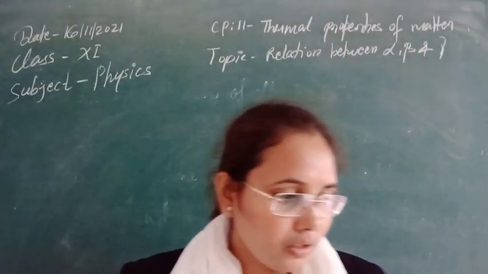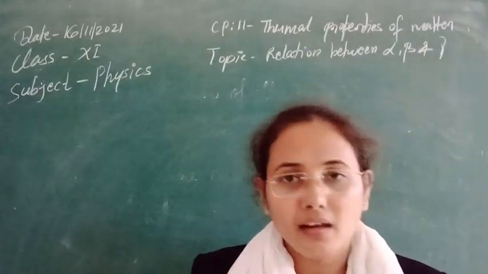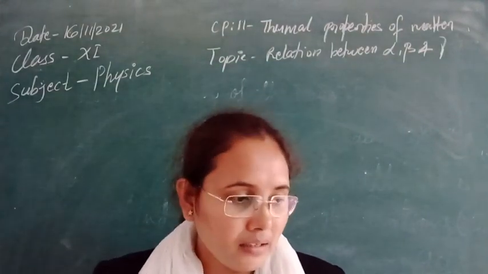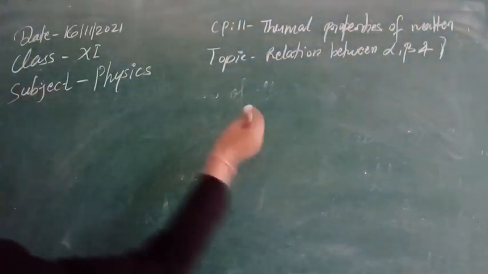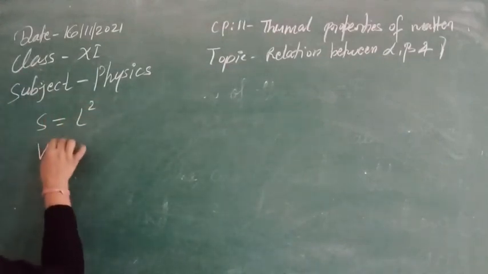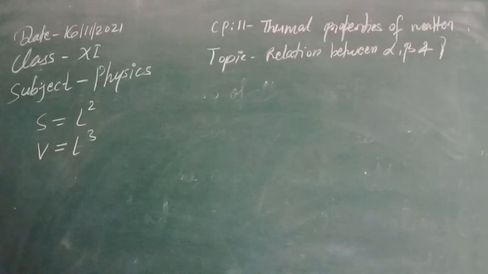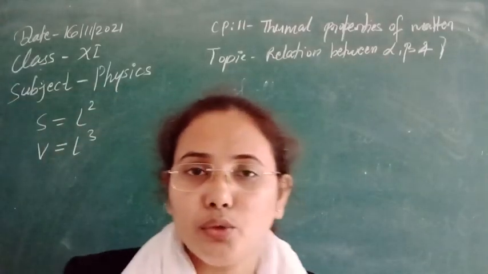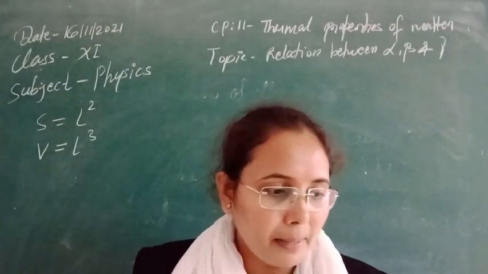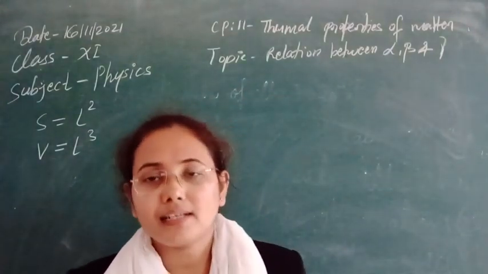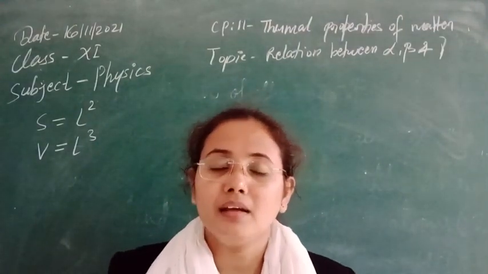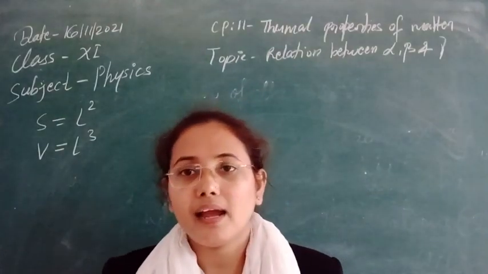For example, suppose we have a cube that has side L, surface area S, and volume V. The surface area of the cube is equal to L square, and the volume of the cube is L cube. This is the initial surface area and initial volume of the cube. Now if we change the temperature by delta T, there will be expansion along the length, the surface area and the volume.